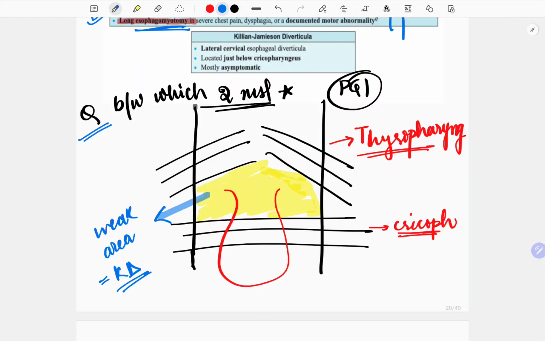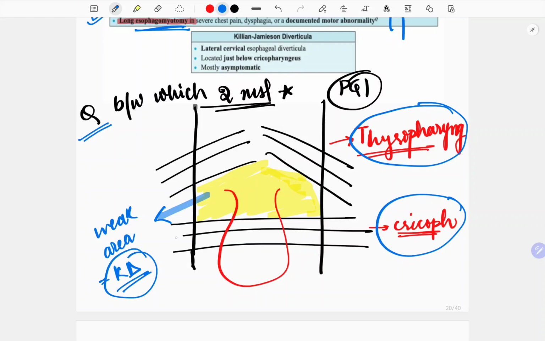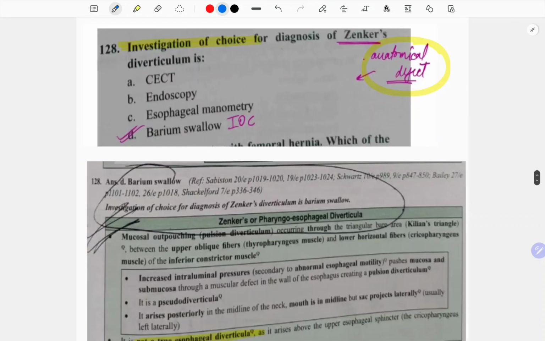Now another very important question which was asked in the PGI exam earlier: between which two muscles does the Zenker's diverticulum occur? So remember, it was between the thyropharyngeus and cricopharyngeus. There is a weak zone known as Killian's dehiscence, from which the Zenker's diverticulum can bulge out, and it will contain only the mucosa and submucosa and not the muscle, and therefore it will be a false diverticulum.